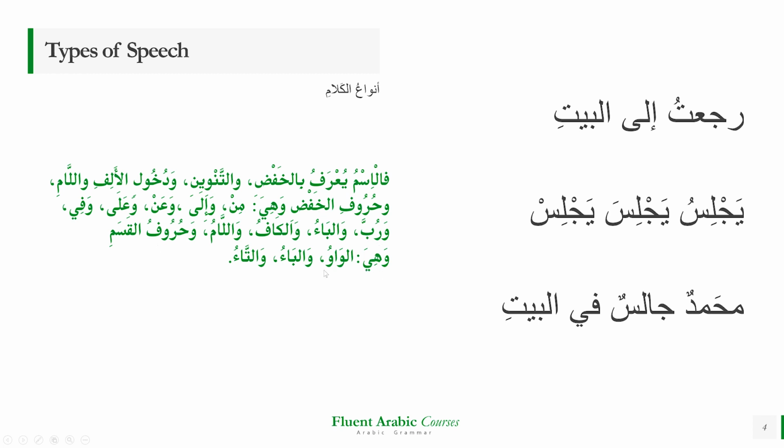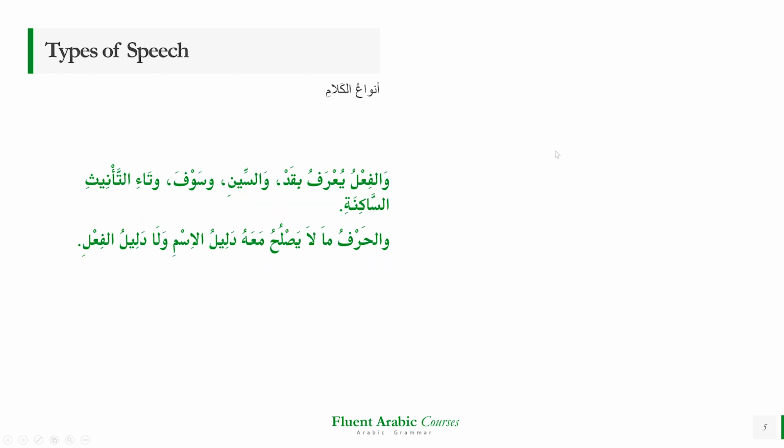They are the waw, the ba, and the ta. So when you say wallahi, billahi, tallahi, it is the particle of oath or qasam, and it gives it the state of jar.